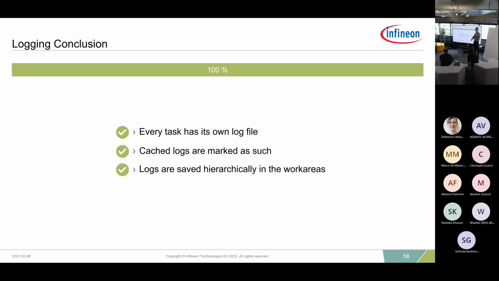So it will also print and reproduce the log file content of your first run, but it will be marked with cached so that you see, okay, this is not really run in real time. It's just reusing it, and just for info, it displays the cache log. And later on, the logs are saved in a hierarchical manner.